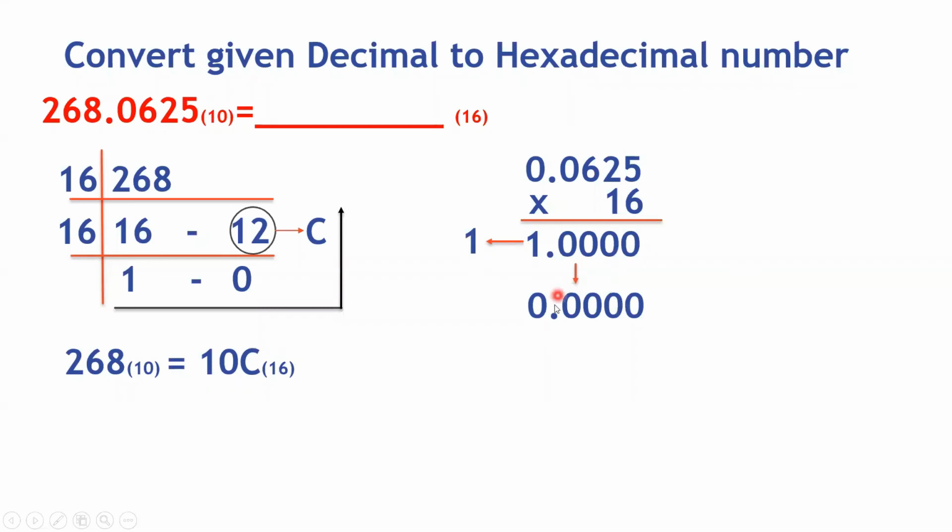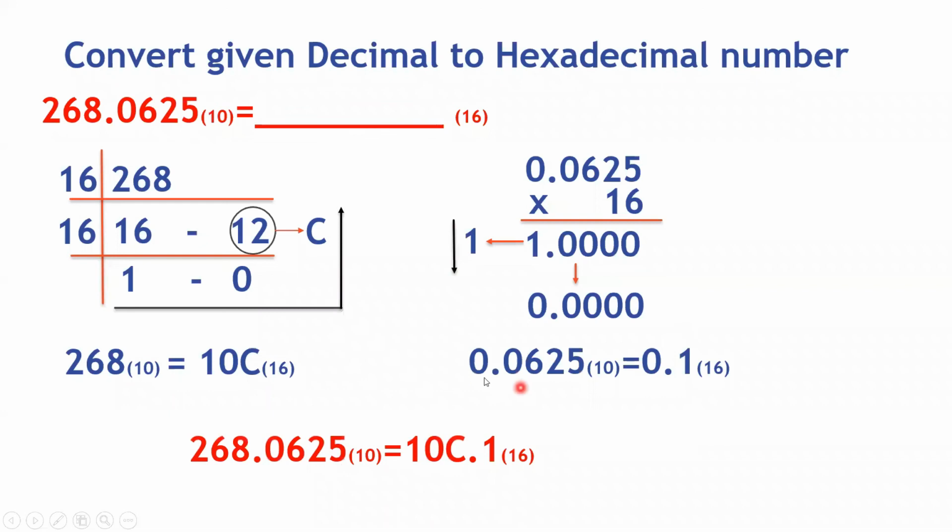Now 0.000 is left out. So again we have to write it from the top. So 0.0625 we can write as 0.1. When we add these two, we are going to get 10C.1 base 16. So this is how we are supposed to convert the given decimal number to the hexadecimal number system.